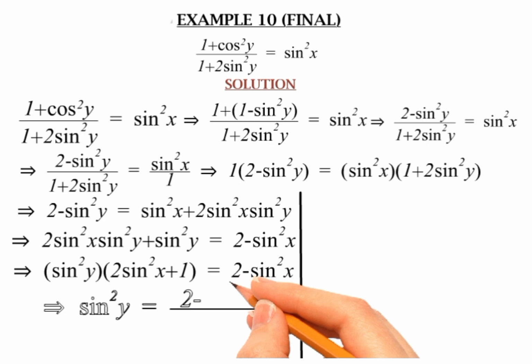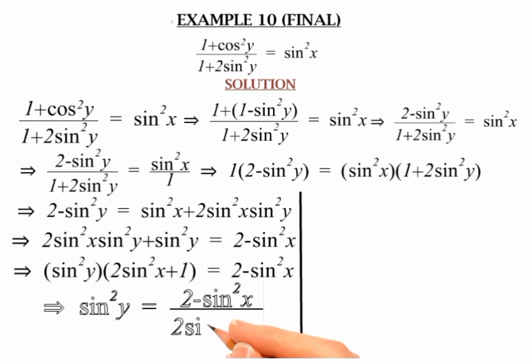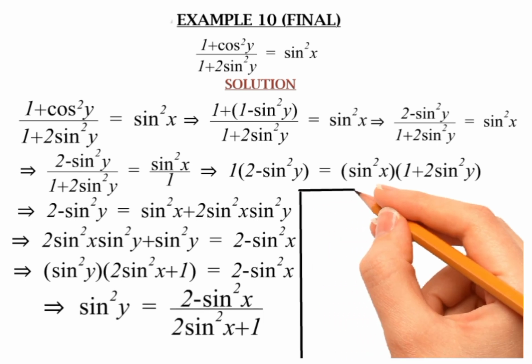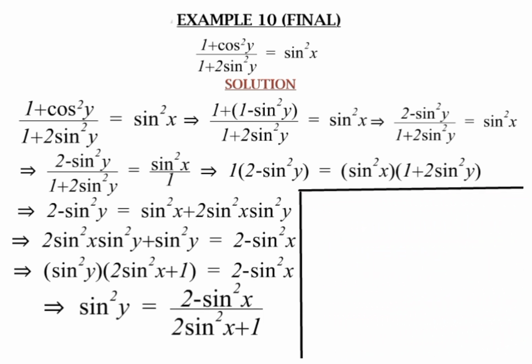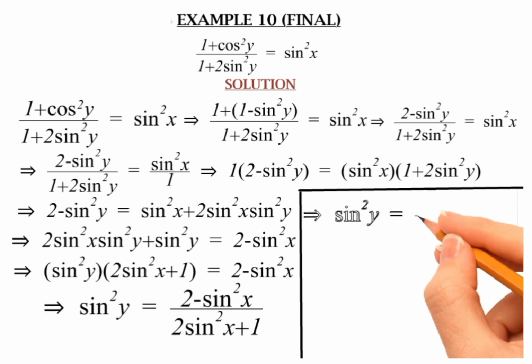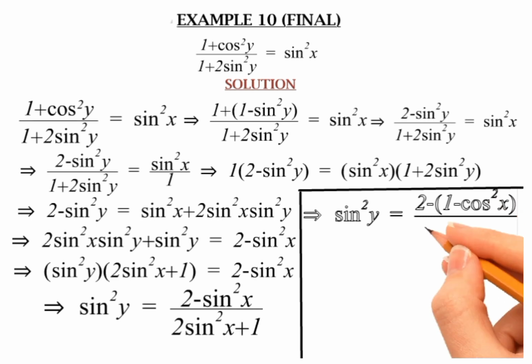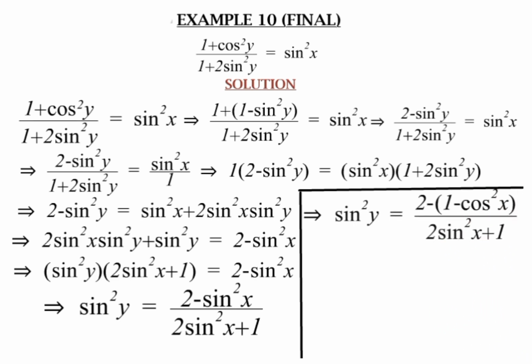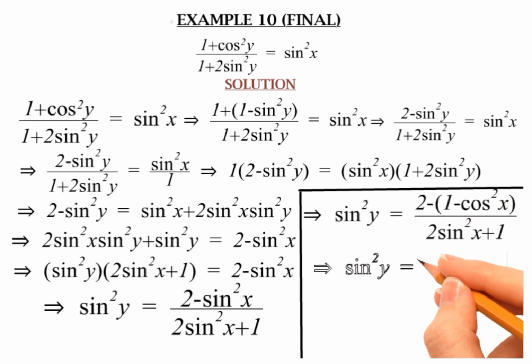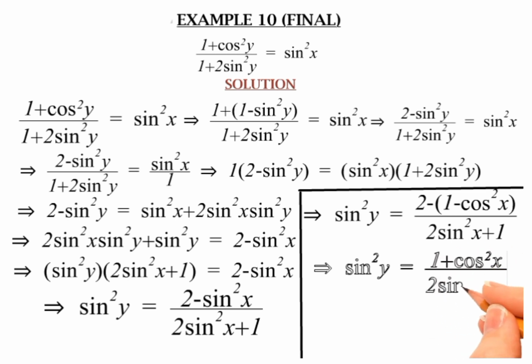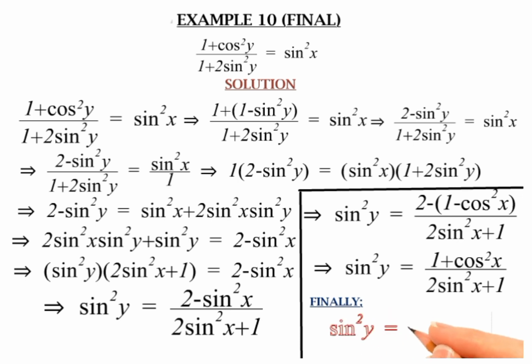Now, we have this result, sin square y equals 2 minus sin square x over 2 sin square x plus 1. Now, let's modify our expression to arrive at the desired result. We just need to convert sin square x to 1 minus cos square x in the numerator. Our result then becomes 1 plus cos square x over 1 plus 2 sine square x. And the proof is complete.